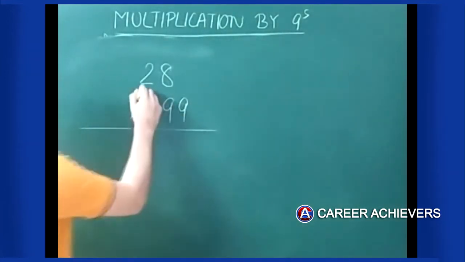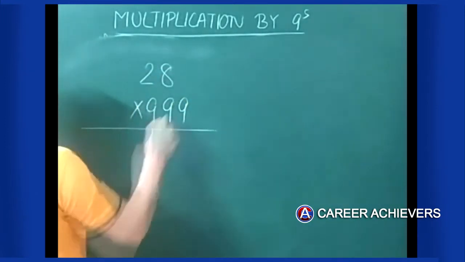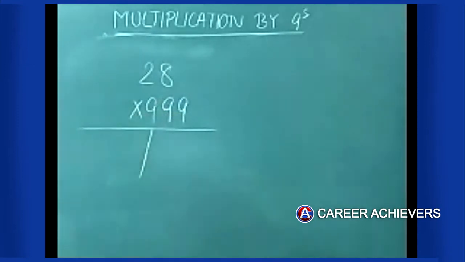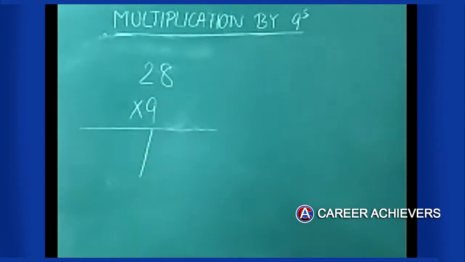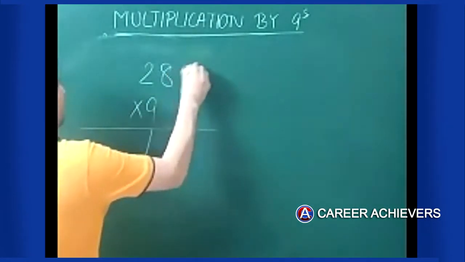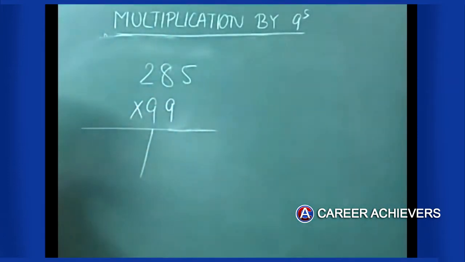You have to count the number of digits and number of 9s. You will see that here the number of 9s are more. So this is not case 3. Sorry, I am very sorry. This is not case 3. So case 3 says when the number of 9s are less. 285 times 99. Here the number of 9s are less.